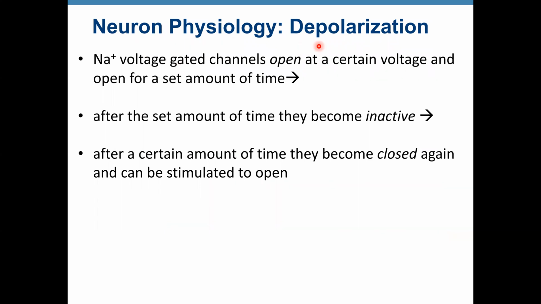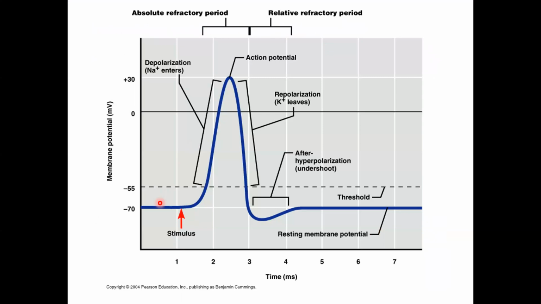Next step is depolarization. So the cell is polarized. This is the resting membrane potential, the cell is polarized. Now we're moving towards positive. This is called depolarization. And depolarization happens when sodium moves inside. So positive sodium moves inside and the cell becomes less and less negative, right?